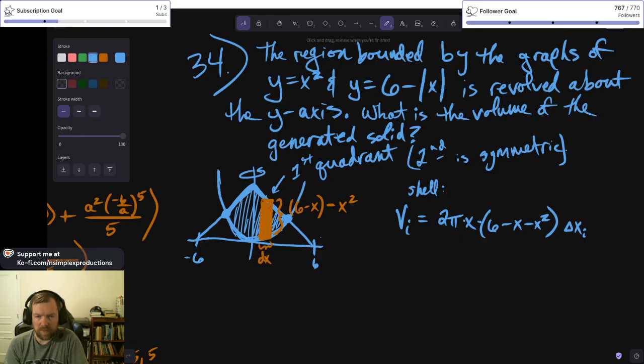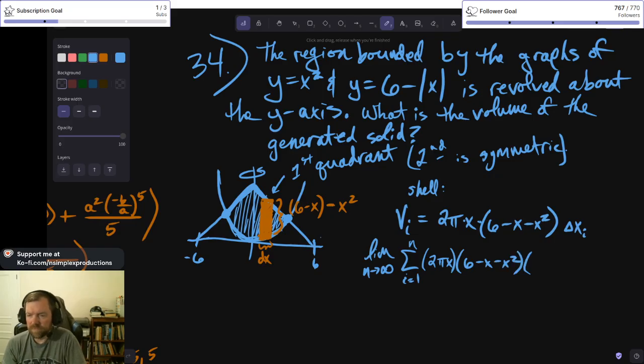And then we take the limit as n goes to infinity of the sum as i goes from 1 to n of 2 pi x times the function 6 minus x squared times delta x sub i.